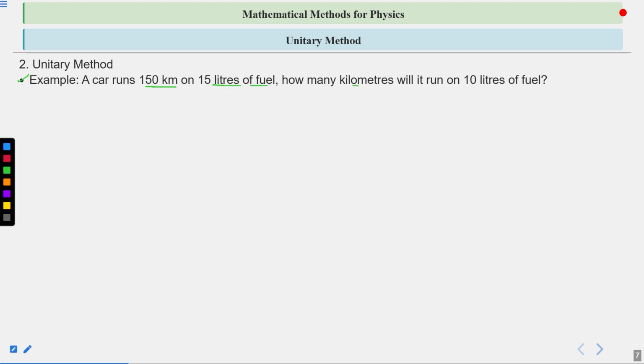How many kilometers will it run on 10 liters of fuel? In this question, it is given that the distance is 150 kilometers and the fuel is 15 liters. The question asks how many kilometers the car runs for 10 liters.